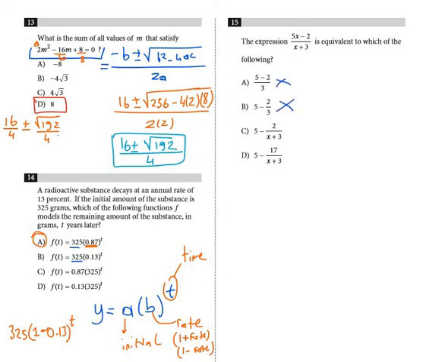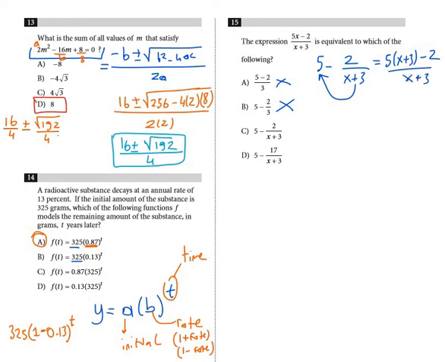Let's try option C. 5 minus 2 over x plus 3. So we're going to cross multiply. We're going to multiply this by 5, subtract 2 over the same denominator. So 5 times (x plus 3) minus 2, all over x plus 3.